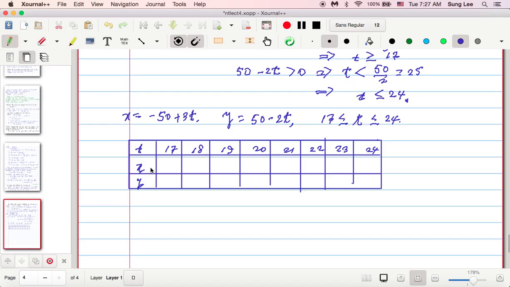And so, for t equals 17, you can easily calculate that's going to be x equals 1, y equals 16.